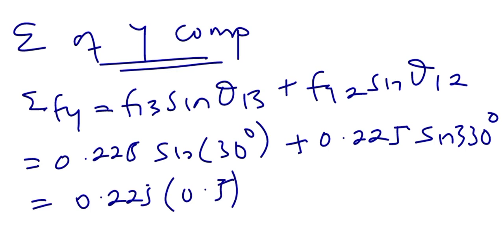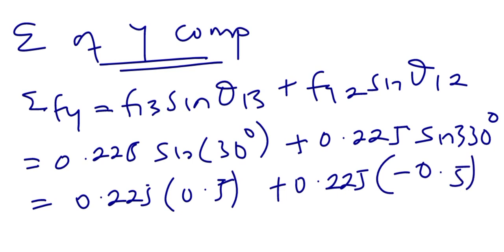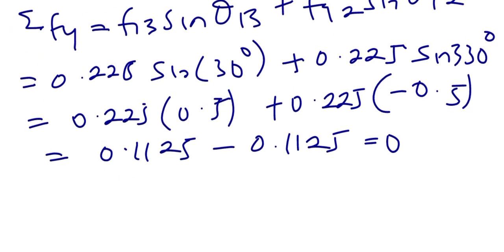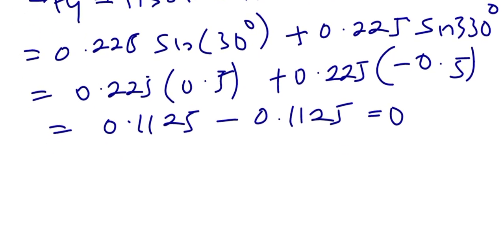Sine 30 degrees is 0.5, and sine 330 degrees is negative 0.5. So we have 0.1125 plus negative 0.1125, which equals 0. In essence, the summation of the y component is 0.